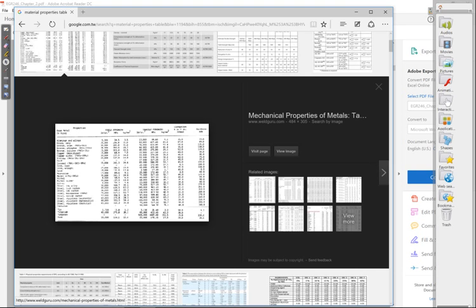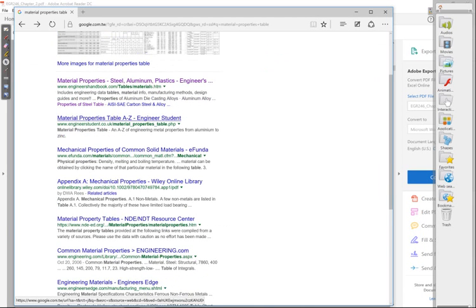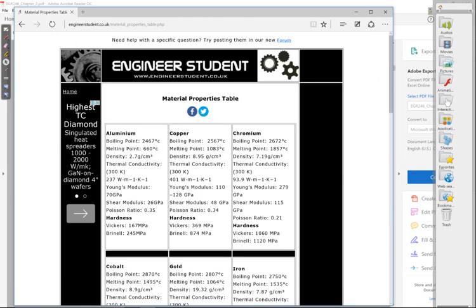This is a good one, but it's not very clear. Boy, I'm having more trouble than I thought I would here. Okay, here we go. This is a pretty good one.